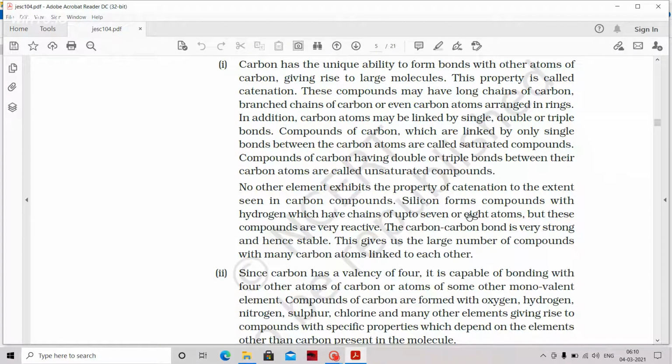And those silicon compounds are very reactive, but carbon compounds are very less reactive. That means they are very strong and stable. Because of this strength and stability, they exist in nature and form a huge number of compounds. That's why we see a large number of carbon compounds surrounding us.